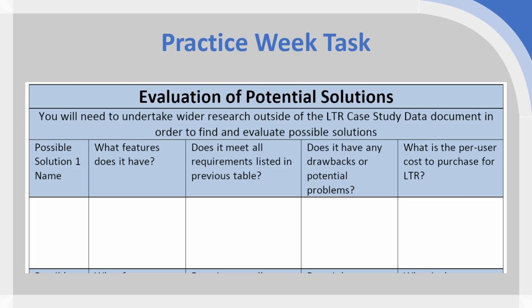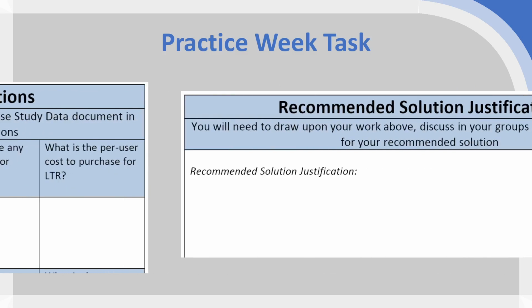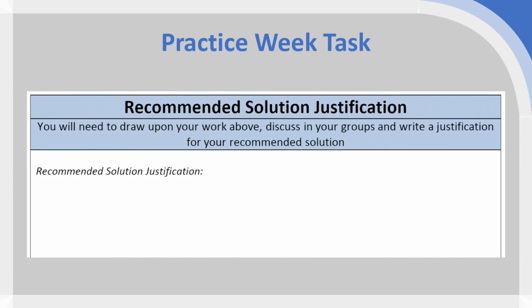Once you have this evaluation of potential solutions table filled out, what you'll simply need to do to finish the practice week task and the practice week worksheet is to have a short written justification for a particular solution.